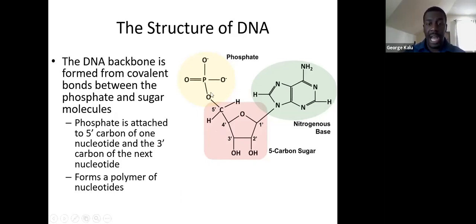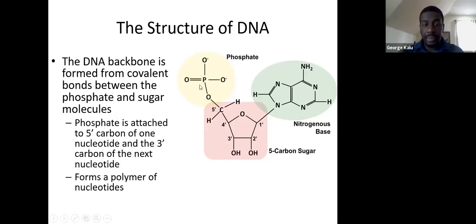We're going to have our phosphate that's bound to the 5' carbon of the deoxyribose. Again, we have our 1' carbon, 2' carbon, 3, 4, and our 5' carbon over here. And our phosphate is going to be attached to the 5' carbon.